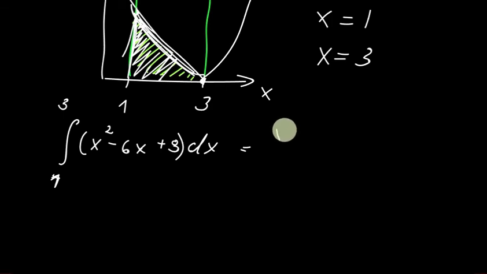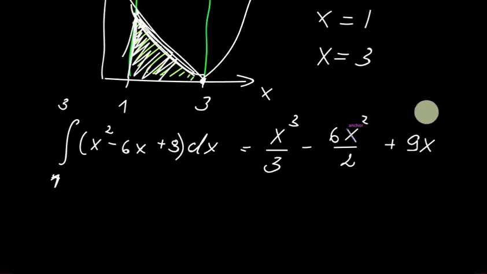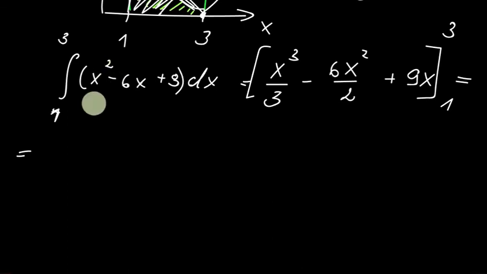This will give us x cubed divided by 3 minus 6x squared divided by 2 plus 9x, and we need to put our numbers here. So it's from 1 to 3.